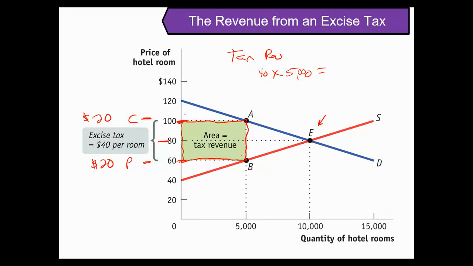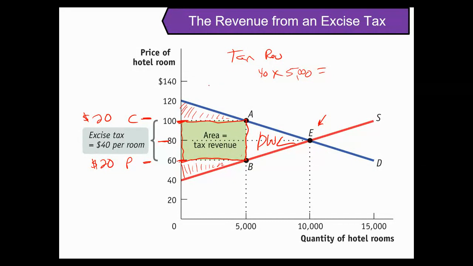Okay, the consumer surplus would be this up here. The producer surplus would be this down here. And this triangle A, B, E would be the dead weight loss. So we could calculate all these out.